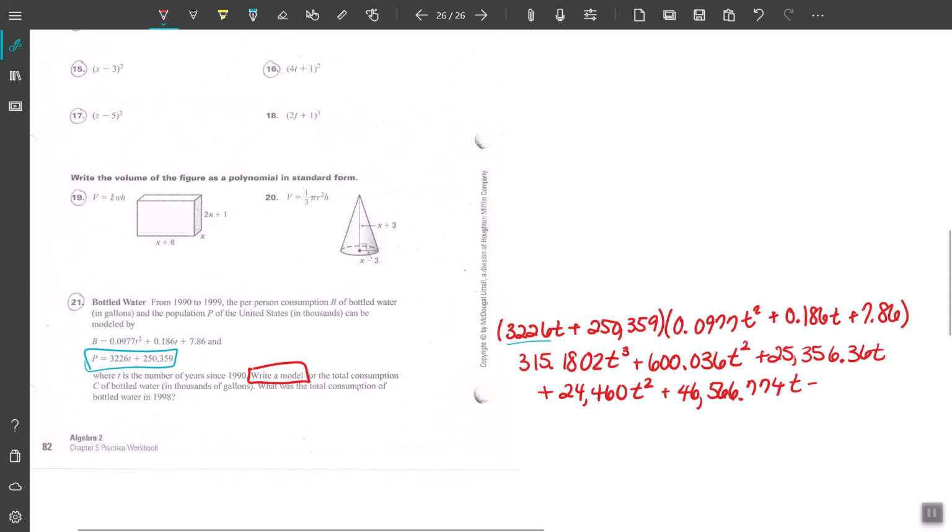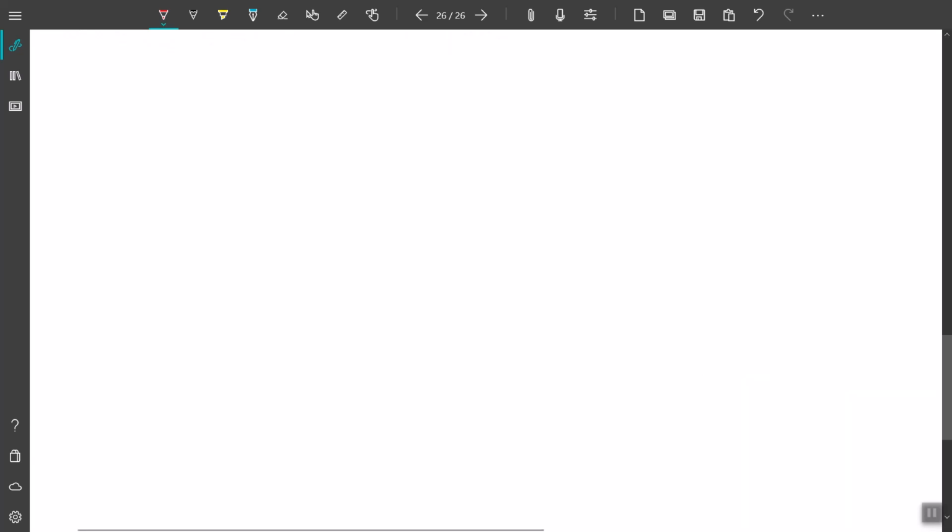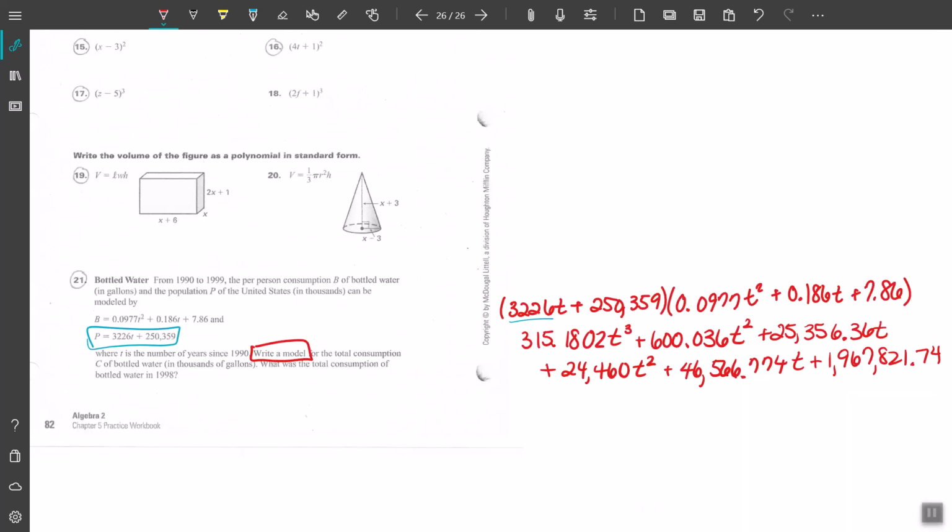And then when I multiply these two constants together, I get this large number here. All right, so you can see from there, I'm going to need to combine all the like terms in order to simplify it.